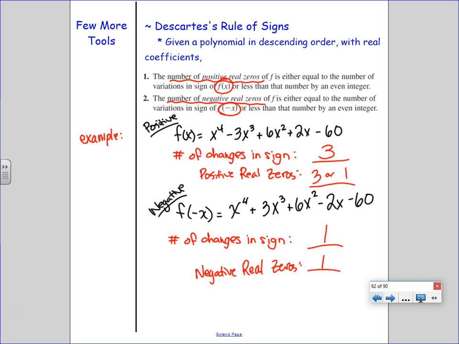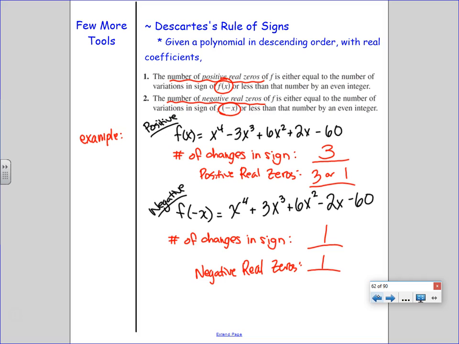According to this rule, we can say by looking at a polynomial and noticing how many switches in sign. Now, does it make sense how I'm counting the switches? I get 3. What the rule says is either I have 3 positive real zeros, or I have that many take away an even number.